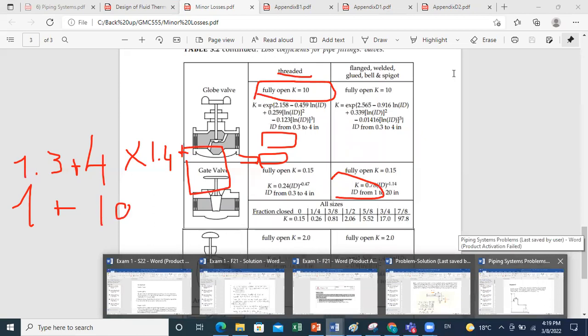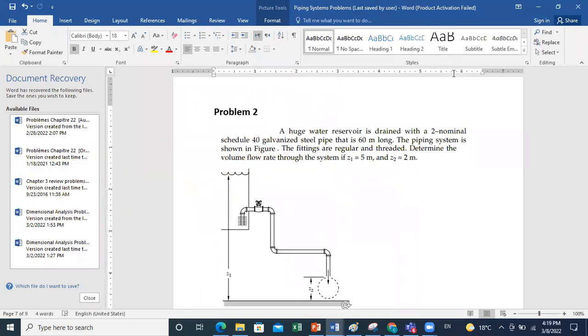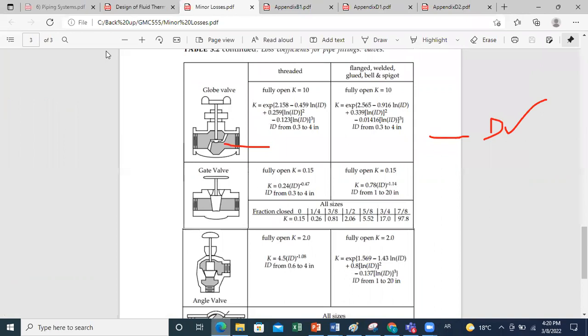I collected all information needed. Of course, as usual, for example, when they give us the nominal diameter and the schedule, I go to what? I go to appendix D1, okay, to select what is D. I can get D from there. So let us refresh our memory on how to do it. We go to appendix D1.